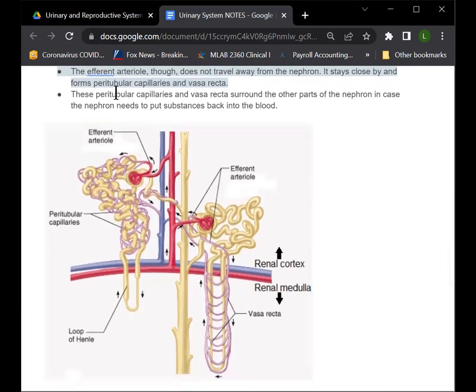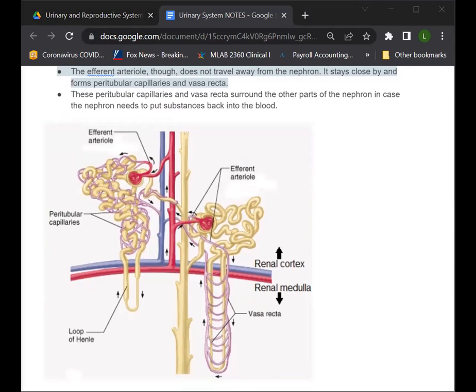Okay, and so the reason why these peritubular capillaries and vasa recta exist is so that in case the nephron needs to put something back into the blood, there's a blood vessel right there for the nephron to put the stuff back into.